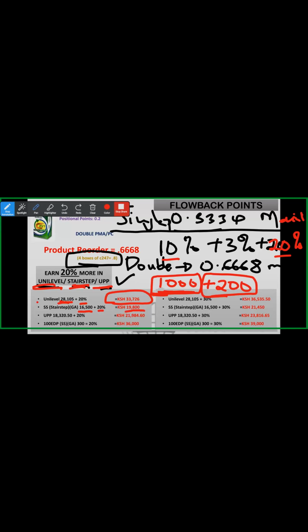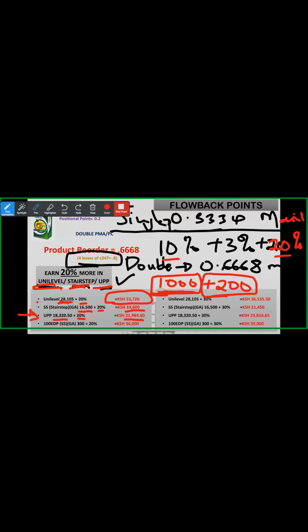For UPP, you're supposed to be getting 18,320. You will get an additional 20%, which is 21,000. For this stair step, stair step ya kwanza, for this ya mwisho hii hapa, hii ni ya UPP. Hii ya kwanza UPP ni ile niliwaambia you can earn from products.